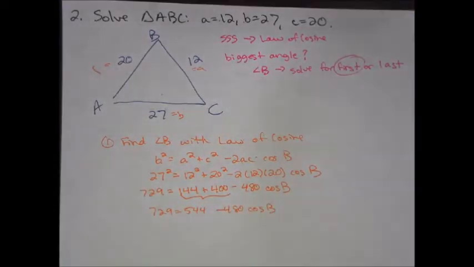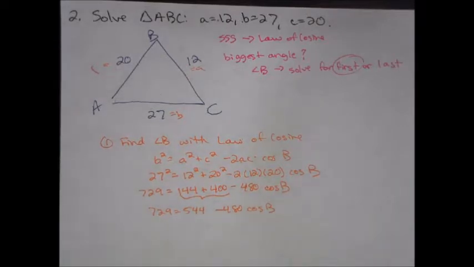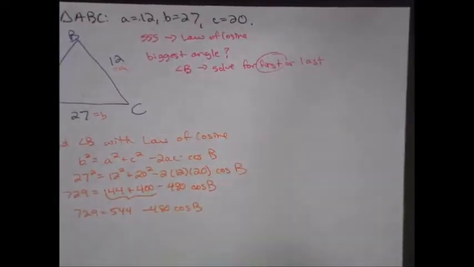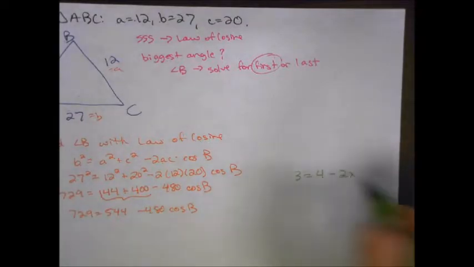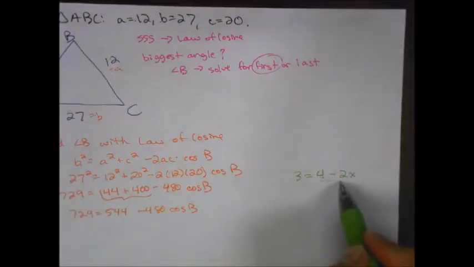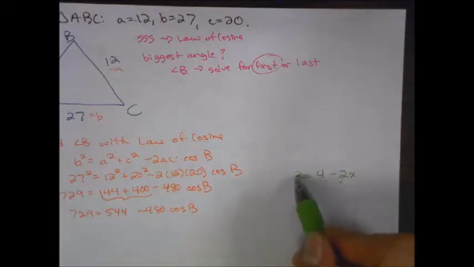I like to think about this like, if I had 3 equals 4 minus 2x, would you combine those two? No, you would subtract the 4 over, then you would divide by the negative 2.